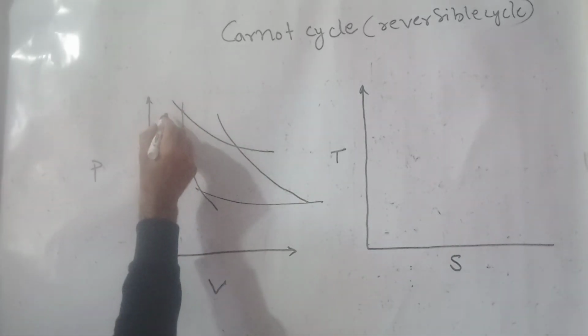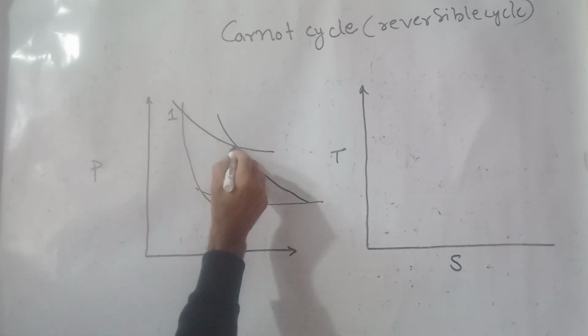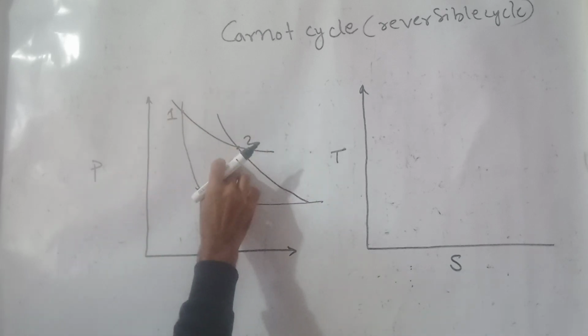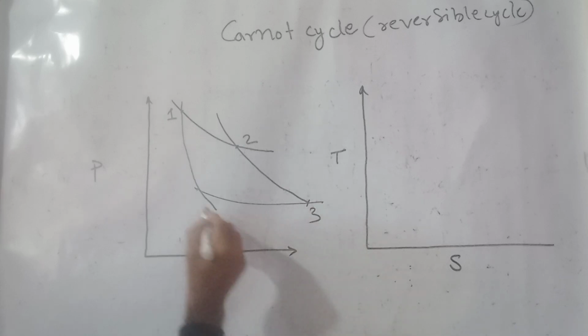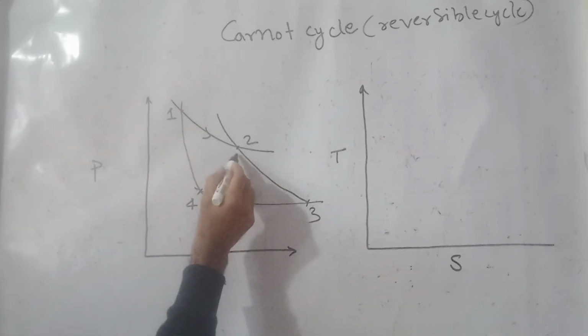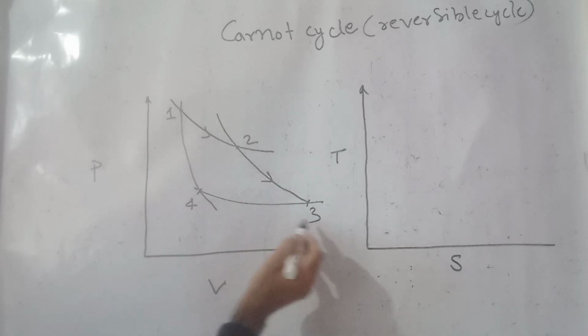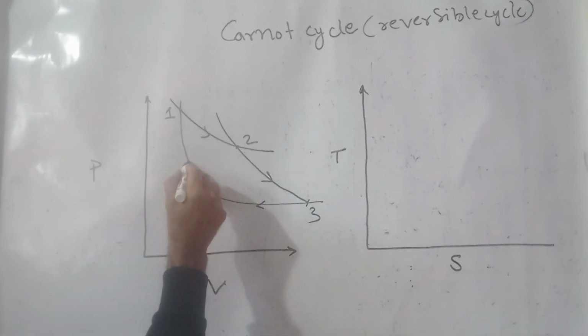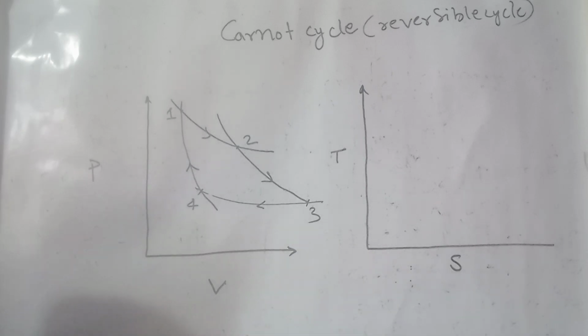I am naming this point 1, this is point 2, this is point 3, this is point 4. Process 1 to 2, process 2 to 3, process 3 to 4, process 4 to 1.